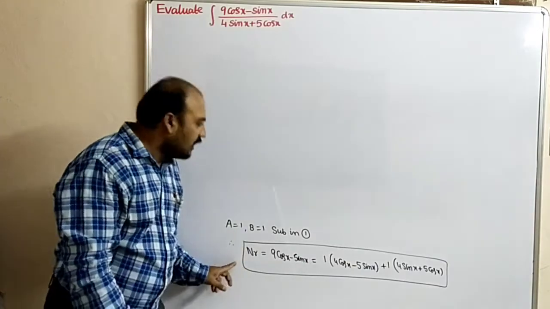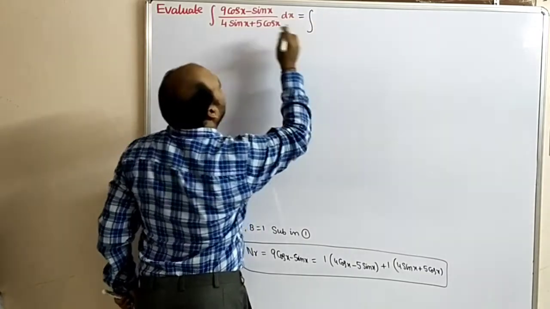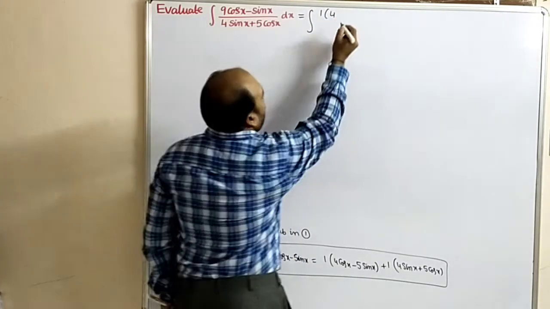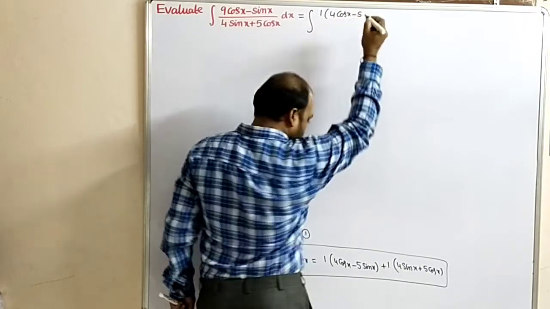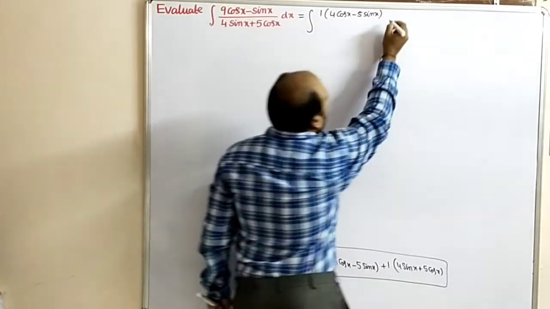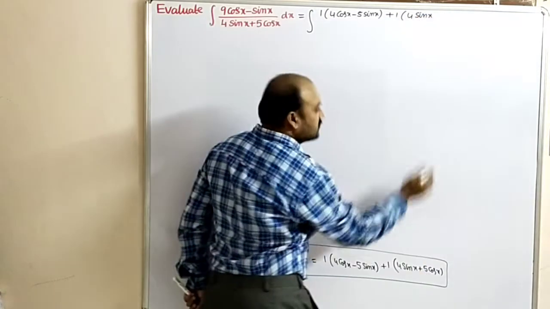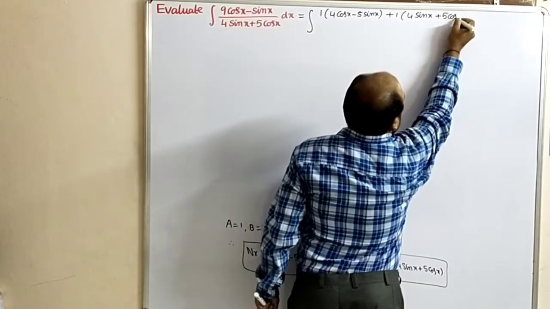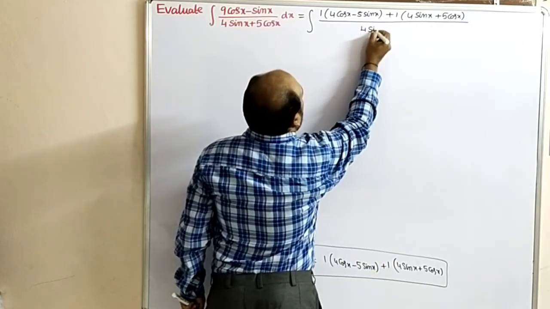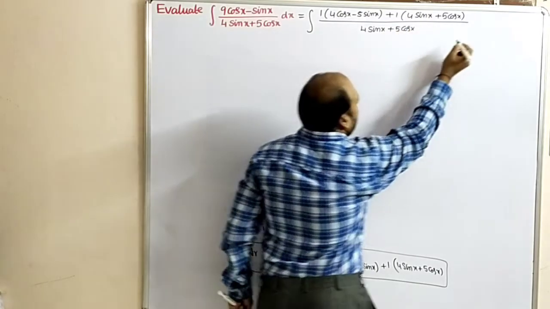Now this numerator value substituted in the given integral, it becomes integral, in place of numerator 9 cos x minus sin x, we can write 1 into (4 cos x minus 5 sin x) plus 1 into (4 sin x plus 5 cos x), divided by 4 sin x plus 5 cos x, into dx.